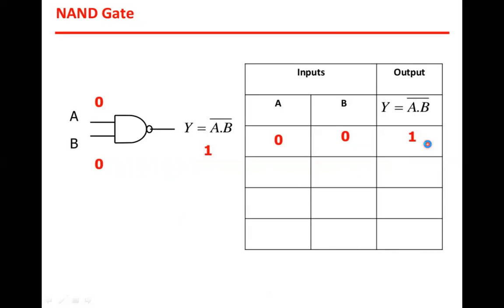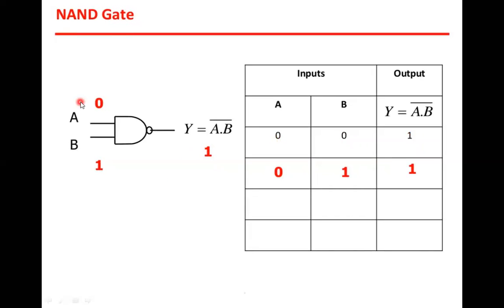What is the second condition? Now suppose I have given 0 and 1. 0 dot 1 is 0. Zero's complement is 1. So when the inputs are 0 and 1, the output is 1.